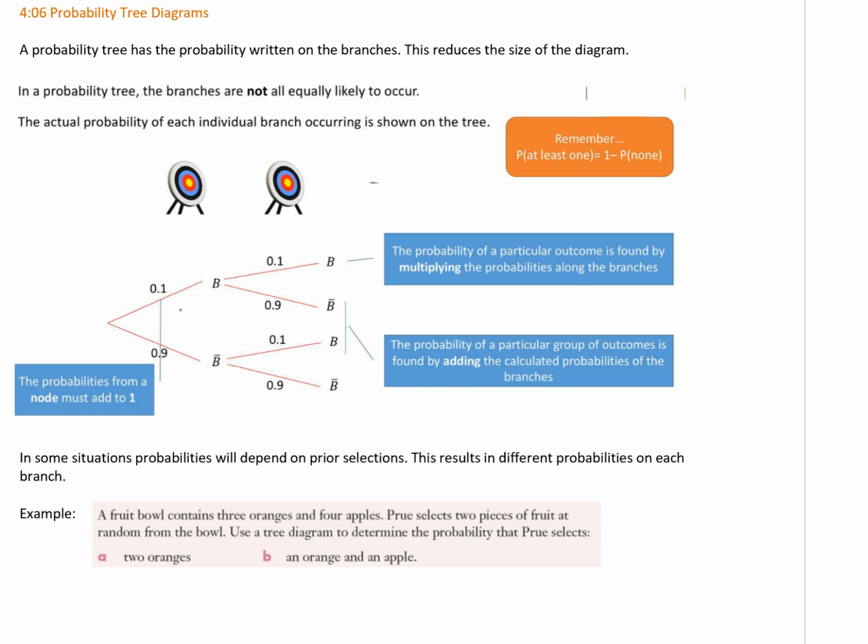Now, also, an important thing to realise with a probability tree is that they're very, very good in situations where we can talk about an event and then its complement or its opposite.